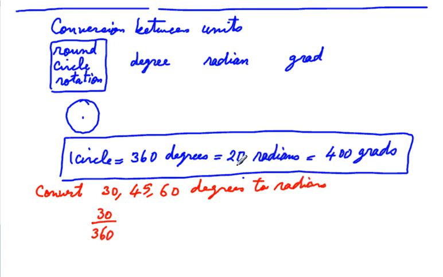The circle is 2 pi radians. So what did I do? I took 30 degrees, divided by 360, multiplied by 2 pi. What is the reasoning? 30 out of 360 tells me what fraction of a whole circle this thing is. It's 1/12. Well, whole circle is 2 pi radians. What is 1/12 of 2 pi radians? So you go ahead and simplify this thing. So you say this is 1/12 of 2 pi radians, or pi over 6.